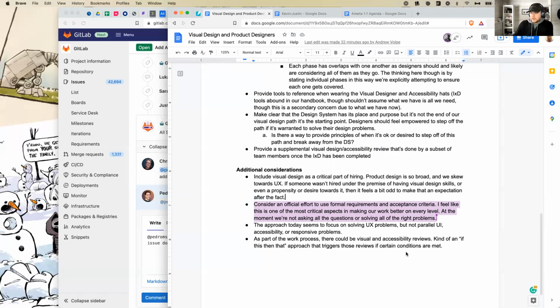Are you talking more about qualifications, or are you talking about a checklist, like a definition of done? It could be kind of both. I think acceptance criteria, once that's satisfied, is like a definition of done. So we'd have to tease out what that might look like more formally.